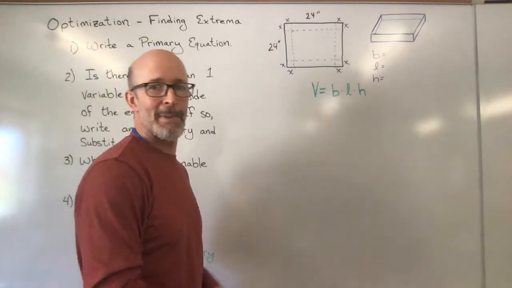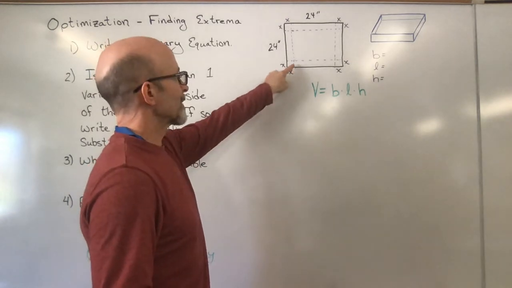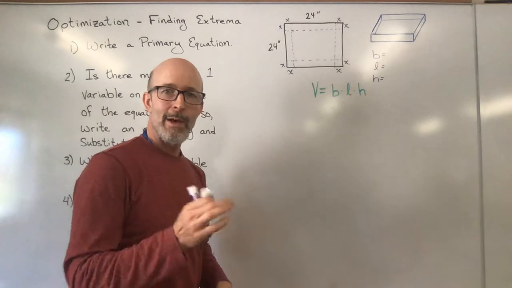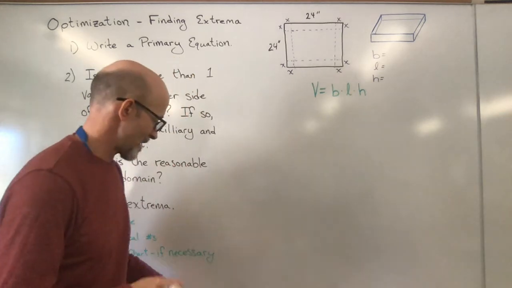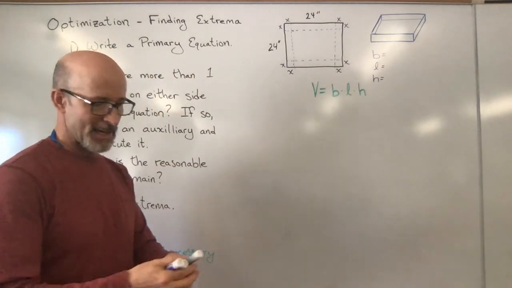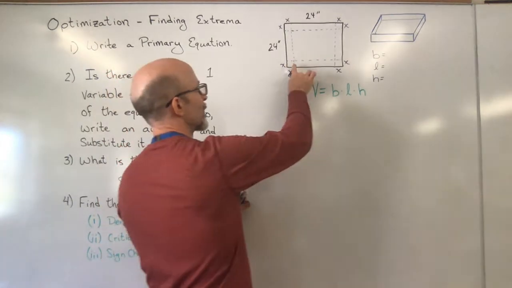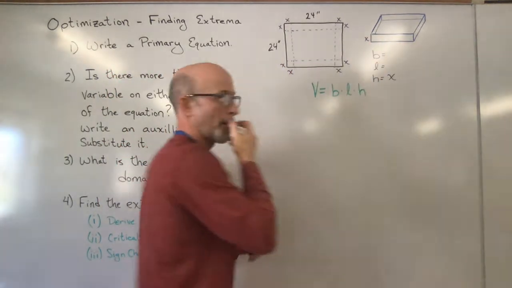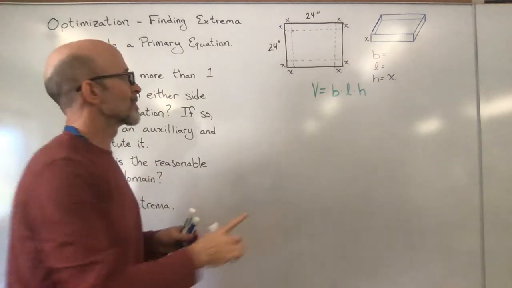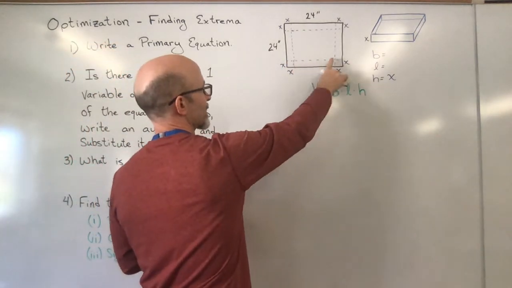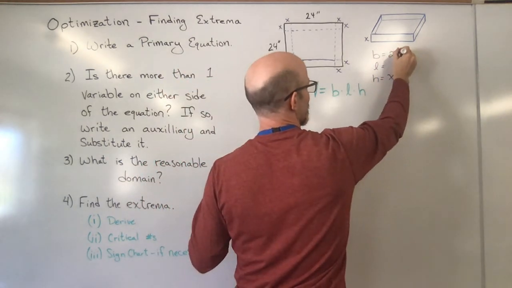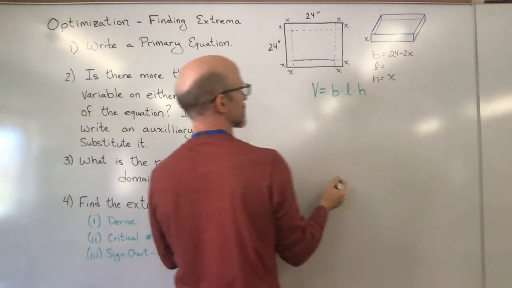Well, it just so happens that if we cut out a little square from each corner, we can call the length of that square x. What that helps us do is we realize that when we fold this up, the height of this box will be x. That also means that the base of my box, this portion right here, is going to be 24 minus 2x.